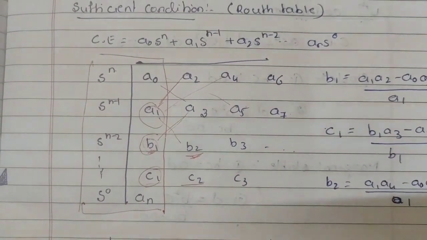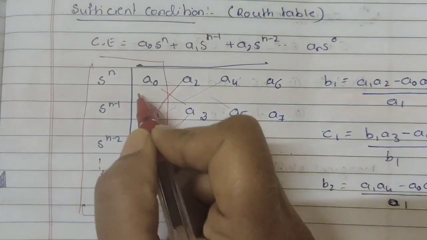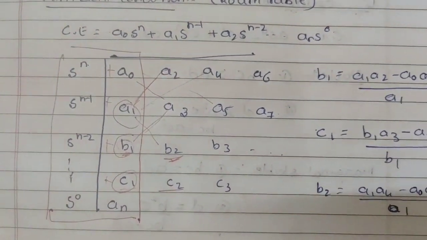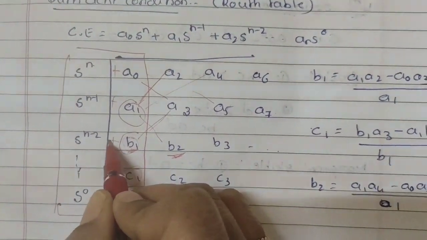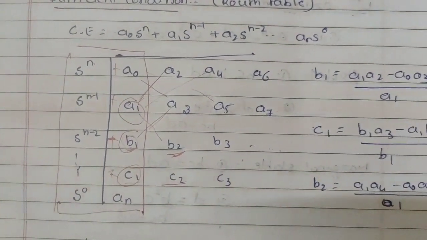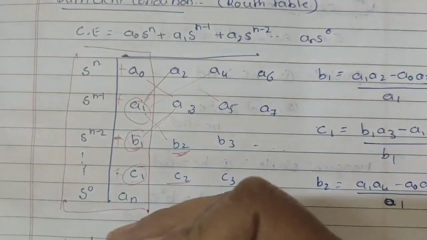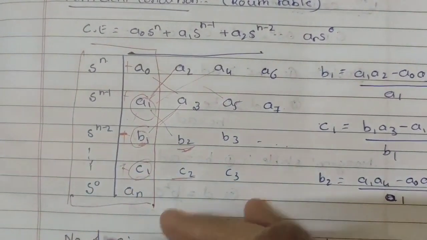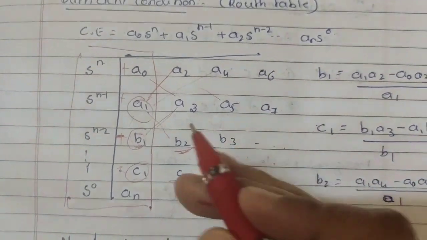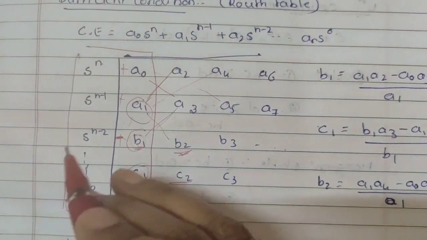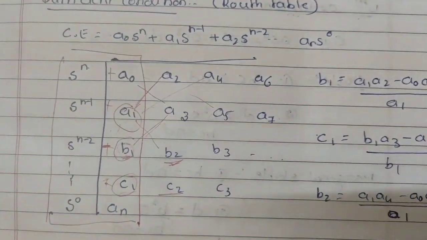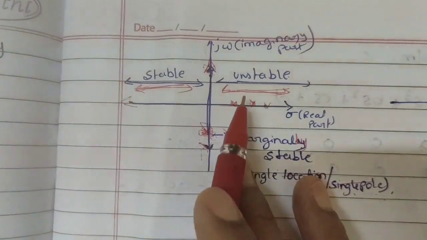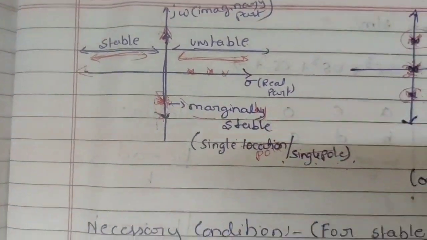Here all are positive. If any negative sign comes here, that is, if there is any sign change in the first column of the Routh table, the system becomes unstable. The number of sign changes equals the number of poles in the right half of the S plane, so the system becomes unstable.